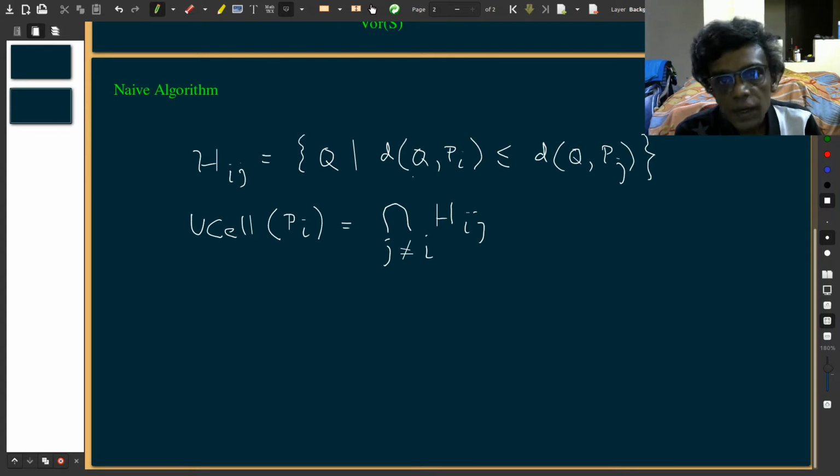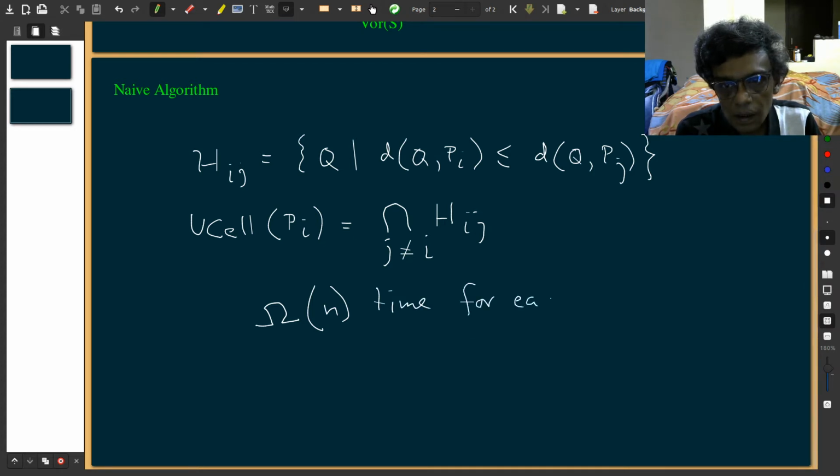Definitely given Pi and Pj, I can compute the perpendicular bisector between them, and therefore I can define these half planes in constant time. But for each cell, I have to compute these n half planes and compute their intersection. So at least you are spending something like big omega of n time for each Pi.